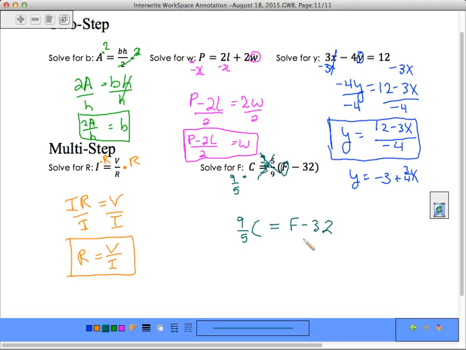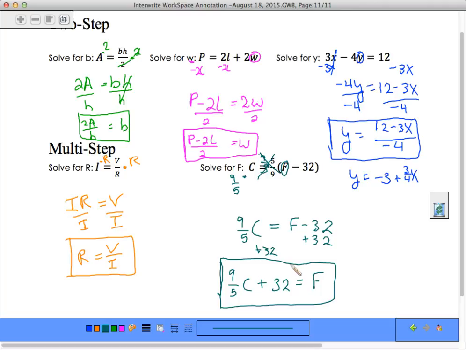I want to get f by itself, so I'm going to add 32 to both sides. These are not like terms. I cannot put them together. So I have 9/5 c plus 32 equals f. There we go. Now I have solved for f, and I can easily plug in a Celsius temperature and get my Fahrenheit temperature. So this is one that you may actually use frequently in a science class.